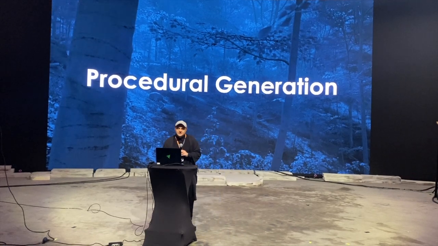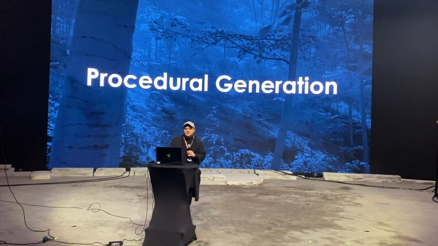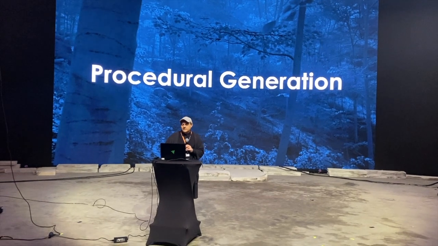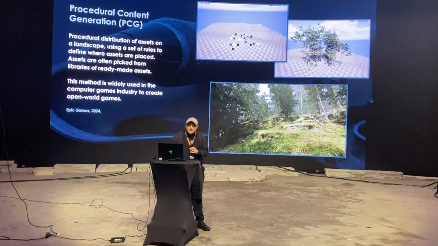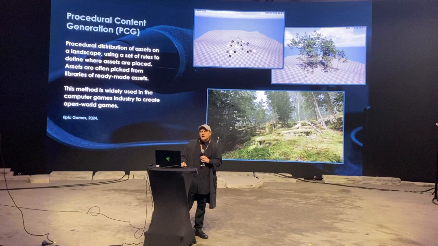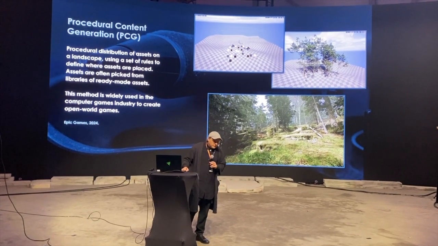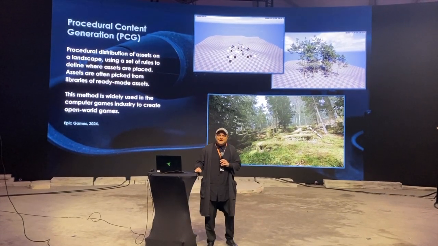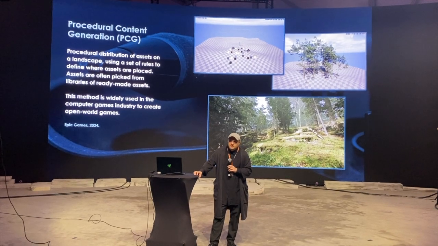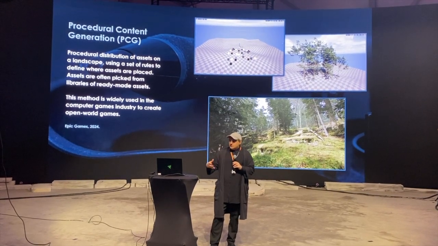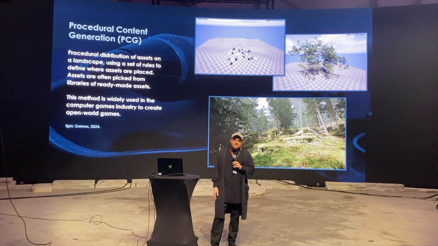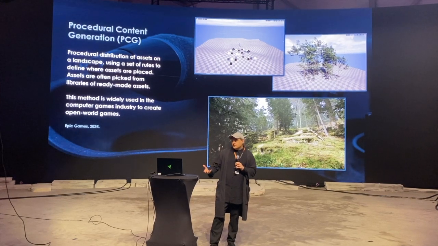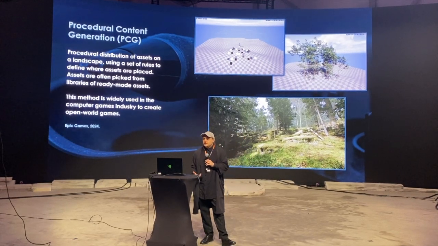And one approach that is widely used currently is procedural generation of environments. In procedural content generation, you often work with preset libraries of 3D assets that are distributed in an environment to create a full 3D immersive experience.